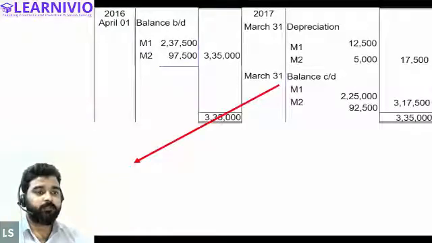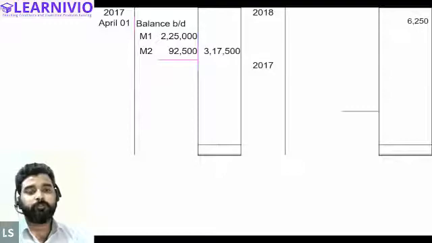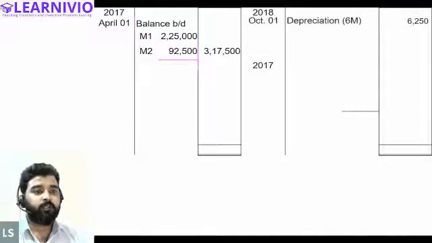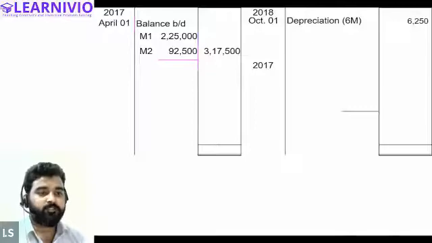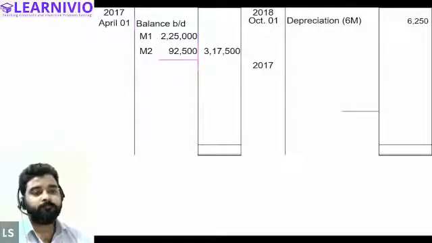So this is the opening balance for 2017. We will charge depreciation for 6 months. For the 6-month period, depreciation will be how much? It will be 6,250 only. Tell me, Halima, is this clear? Depreciation on machinery 1 for the 6-month period will be 6,250.